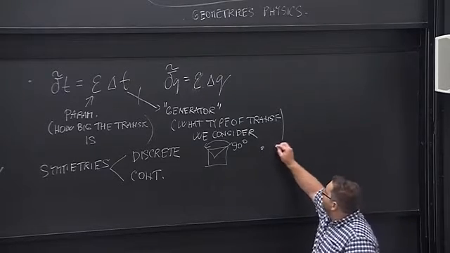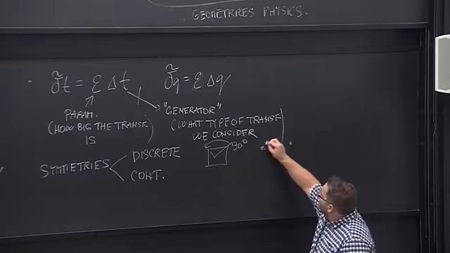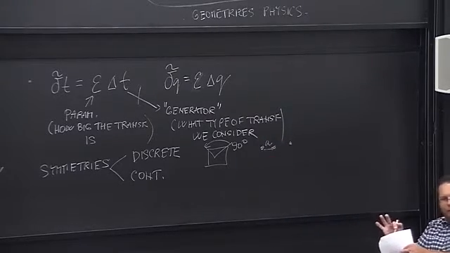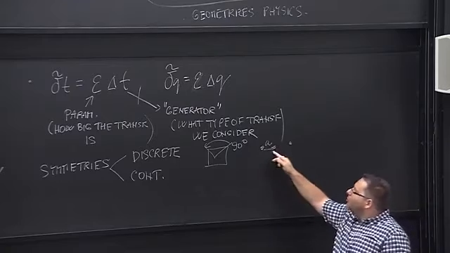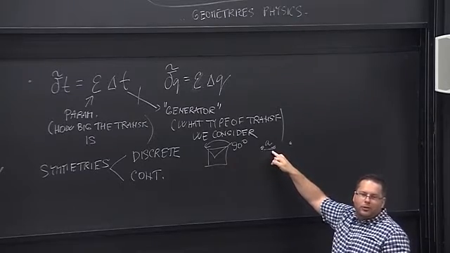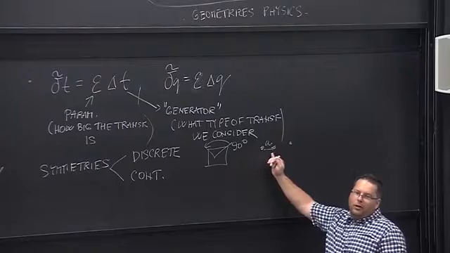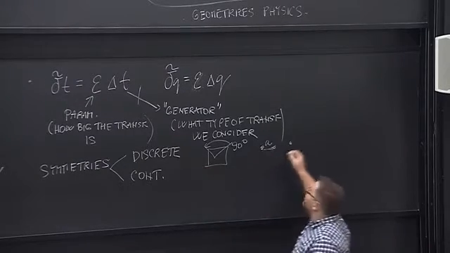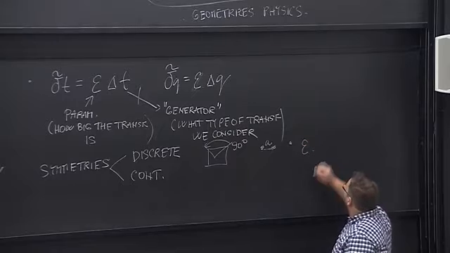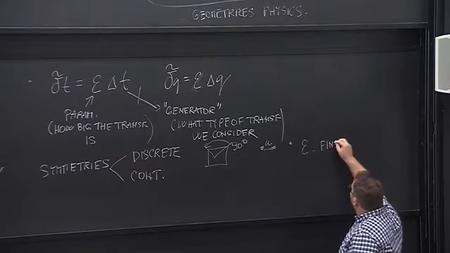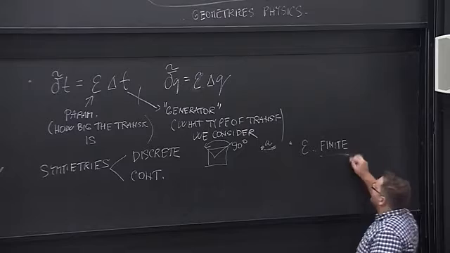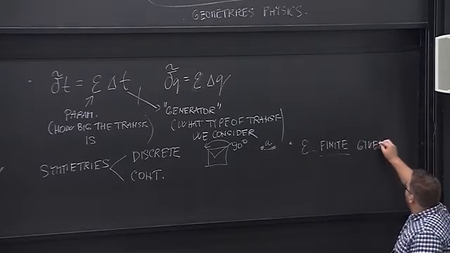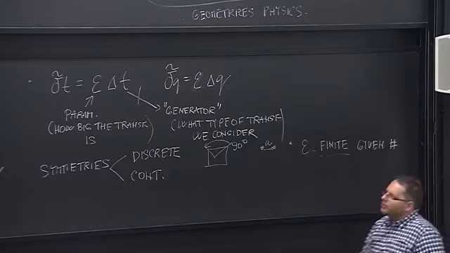Similarly, if you have a lattice with distance a, if I want to move the lattice onto itself, I have to move it by this distance a or its multiples. I cannot move it by an arbitrarily small amount. So discrete means that this epsilon is a finite, given number in order to get the symmetry.